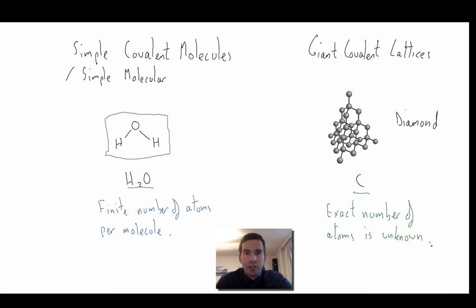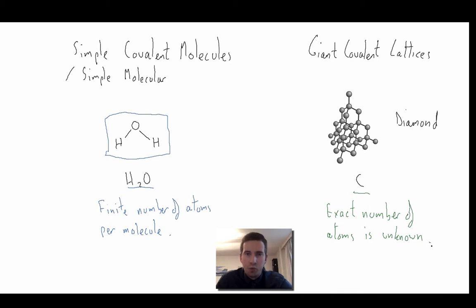Now, in diamond there's only carbon, but there are other giant covalent substances where there's more than 1 element, and their formula will just give you the ratio of atoms within that substance, much like you've already seen with the giant ionic lattice.